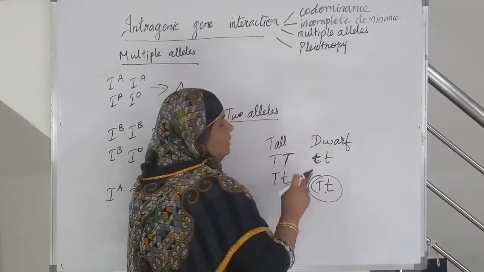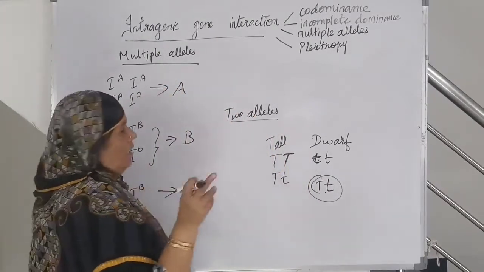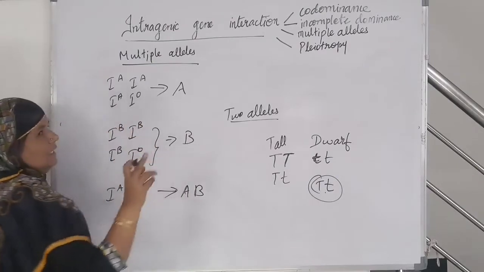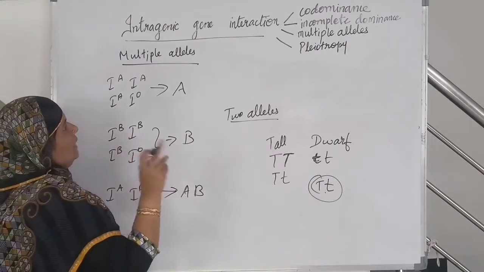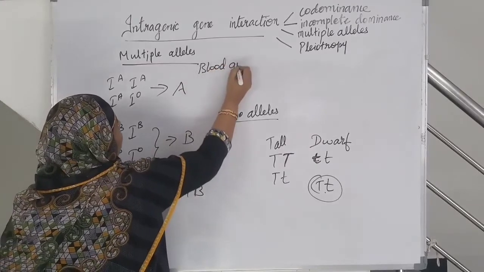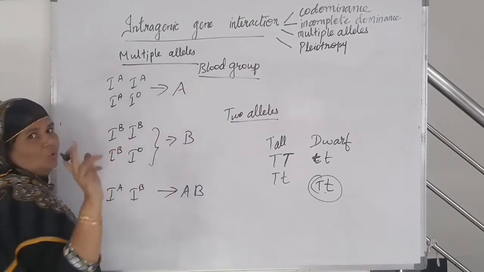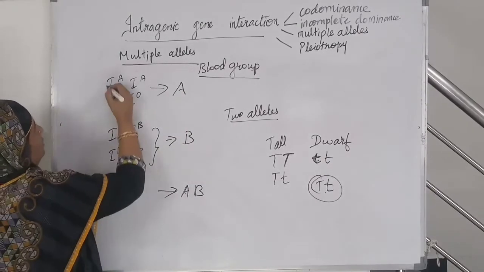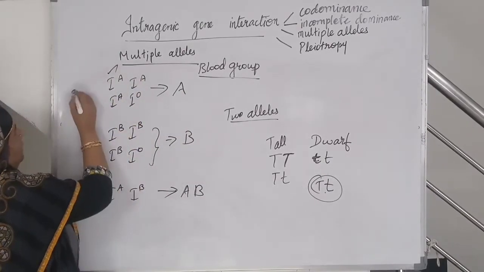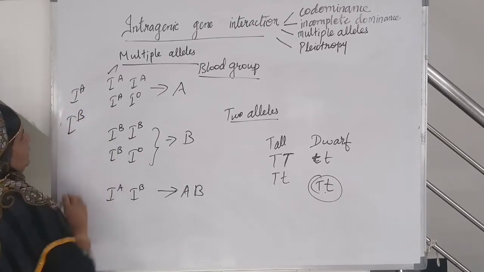But in multiple alleles, more than 2 alleles are there to decide a single phenotype, that is the determination of the blood group. To decide the blood group, more than 2 alleles, that I will explain now. This is one allele, IA. This is another allele, IB.